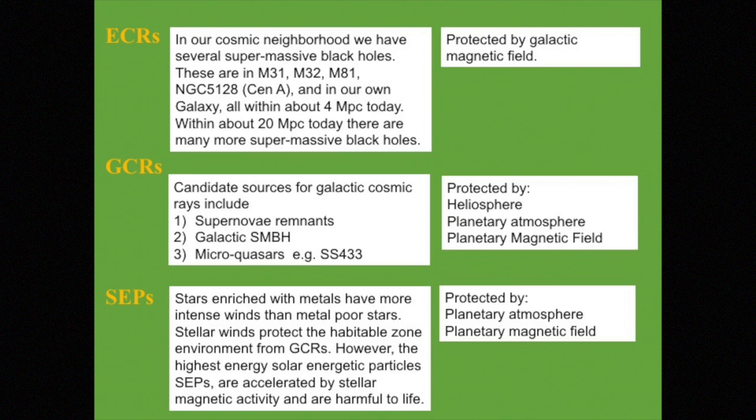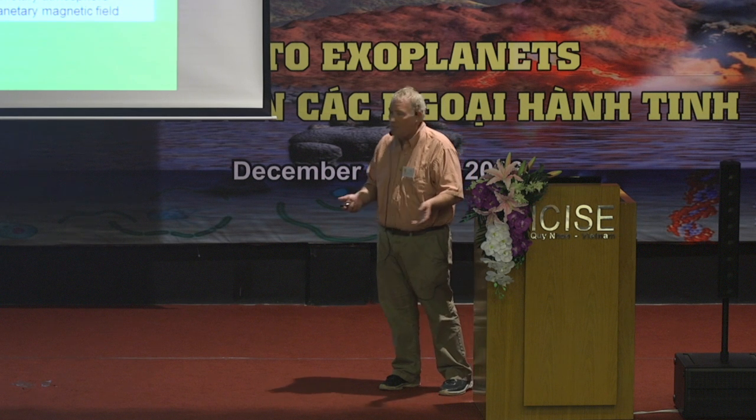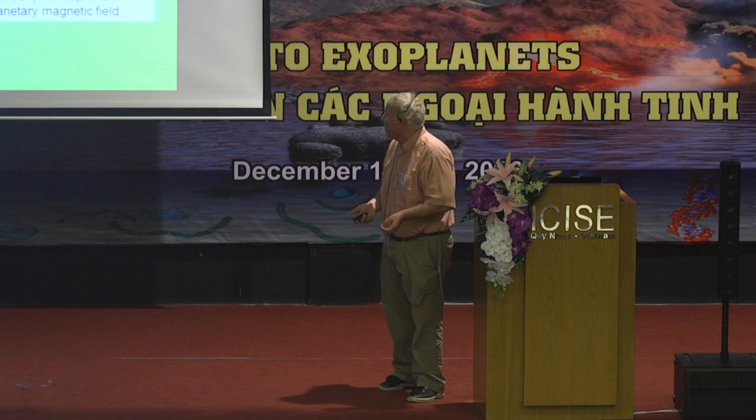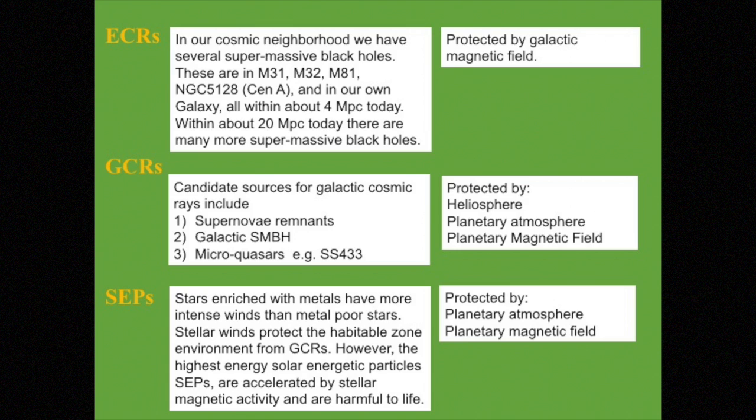And today, within about 20 megaparsecs, there are many, many supermassive black holes, and those can affect the habitability of planets not only within those galaxies, but in nearby galaxies as well.